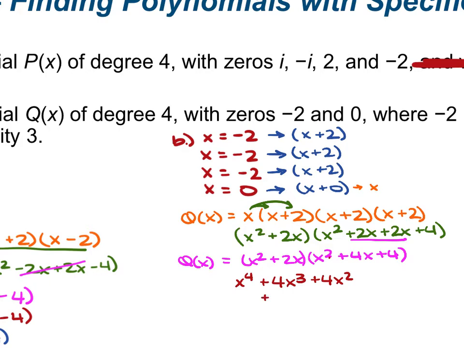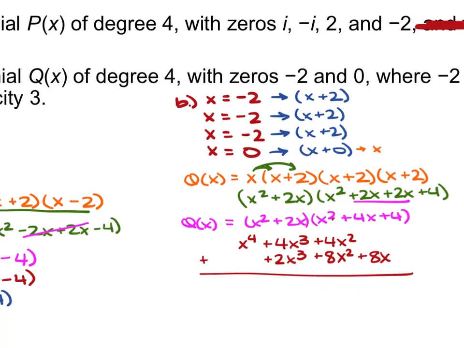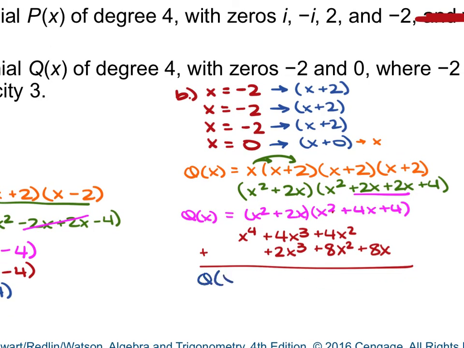So I'm going to put that underneath the 4x cubed because they're like terms. 2x times 4x is 8x squared, and 2x times 4 is just 8x. If we add these, we are going to be left with q of x is equal to x to the 4th power plus 6x cubed plus 12x squared plus 8x.